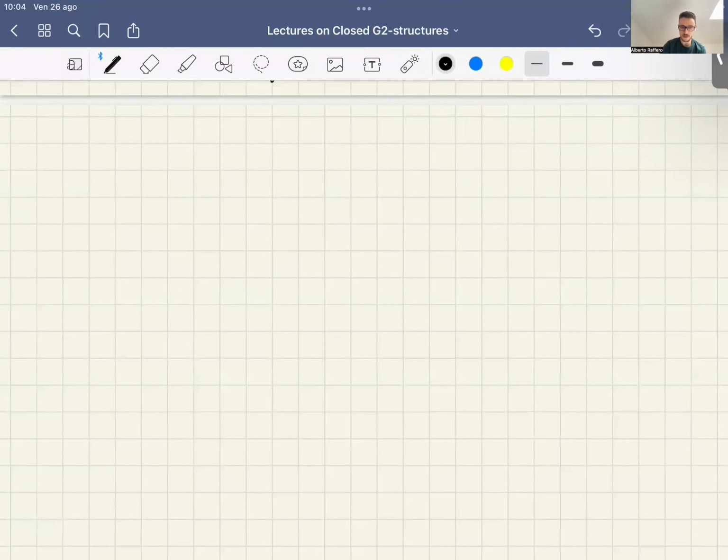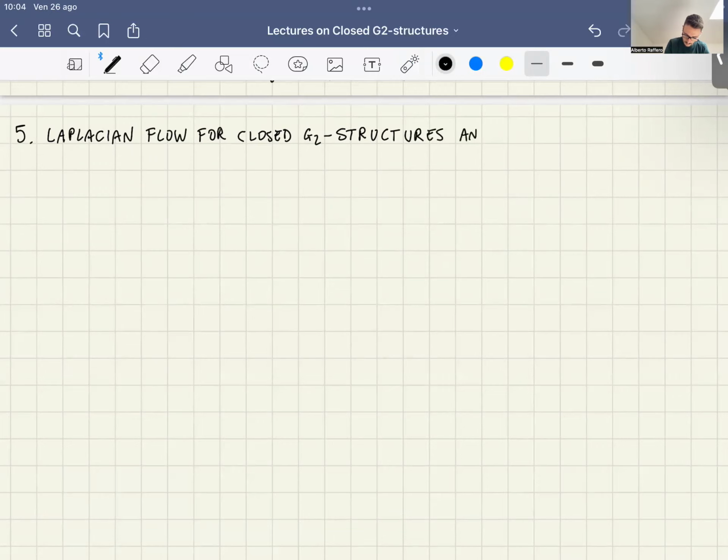So today we can start with the last topic I would like to talk about in this mini course. And this topic is the Laplacian flow for closed G2 structures and its solitons.